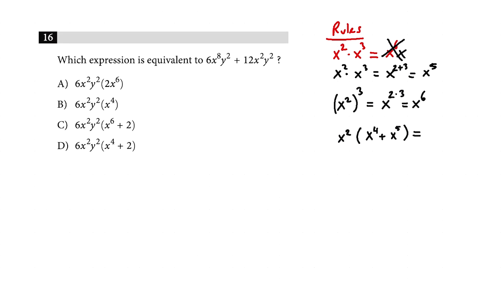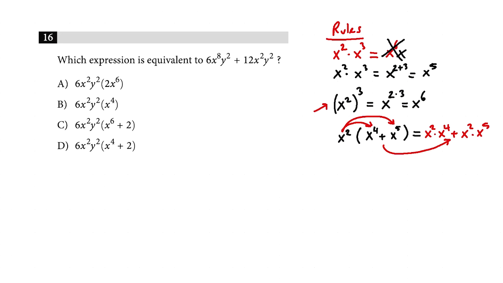If you remember from your classes, x squared times x to the fourth power, plus the same plus in the middle, x squared times x to the fifth power. So here it's going to be addition. This is not power of power. That is power of power. It's different. So you need to use the distributive property here: x squared times x to the fourth power plus x squared times x to the fifth power.